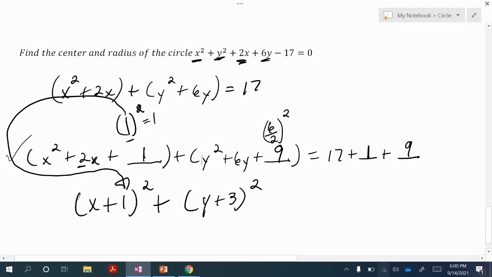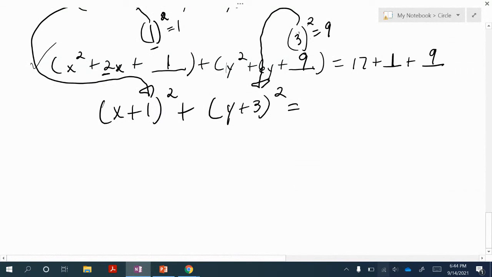When we completed the square for our second variable, notice we had 6 divided by 2 squared. Well, 6 divided by 2 is 3. So we have equals to 27.